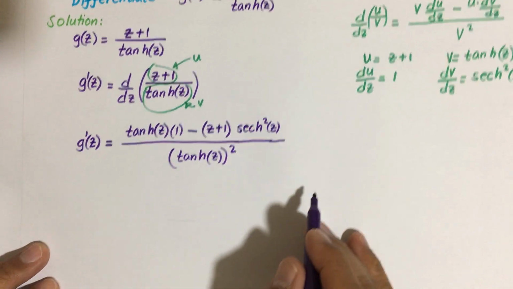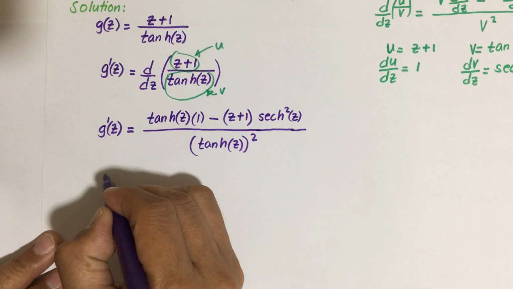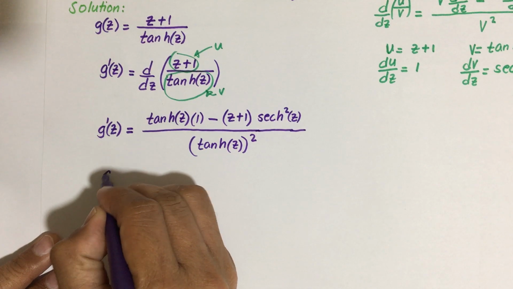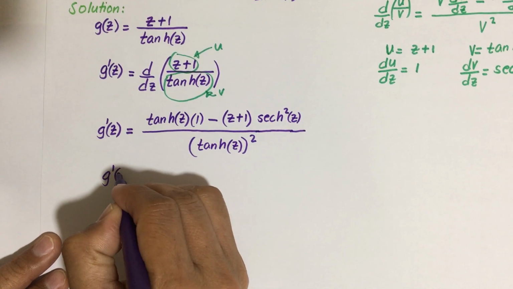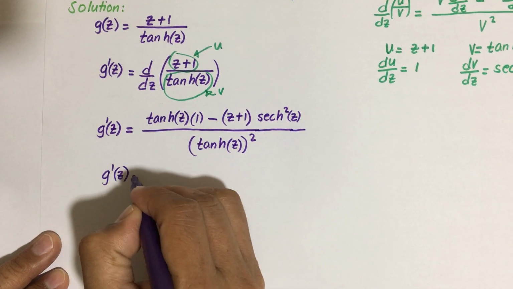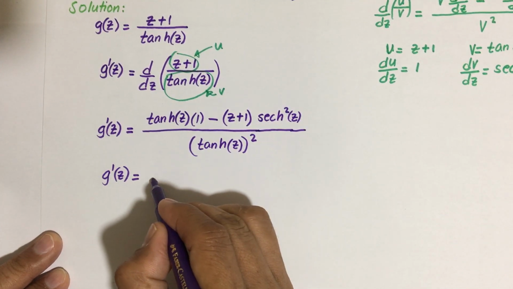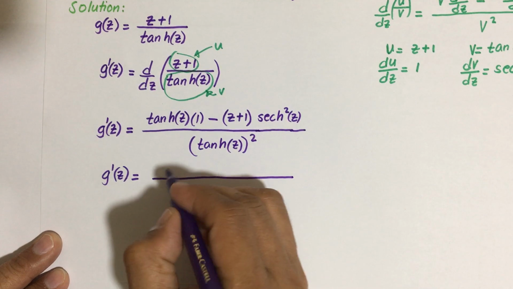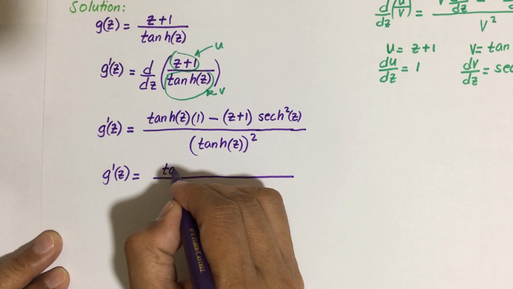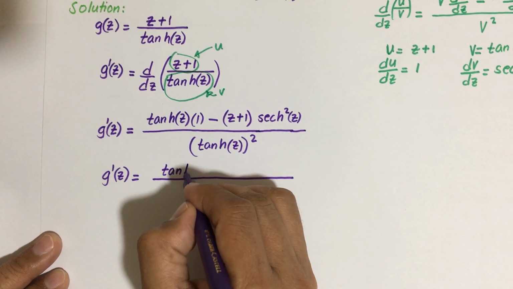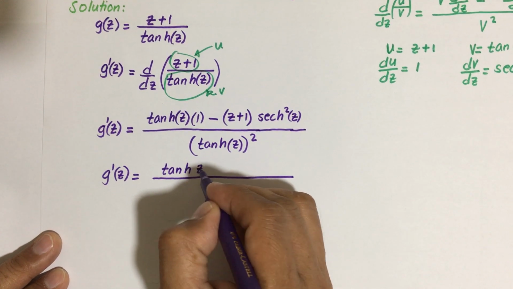Okay, so to continue, g prime of z is equal to hyperbolic tangent of z times 1, which is just hyperbolic tangent of z.